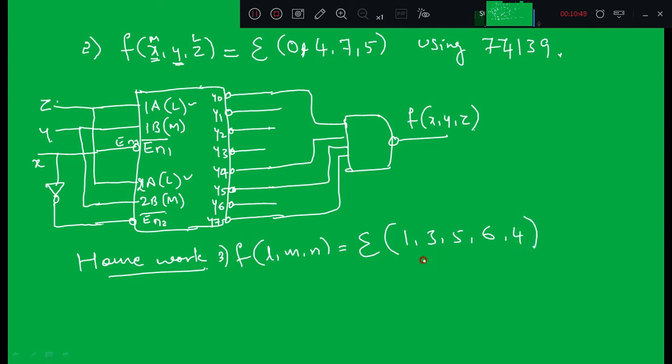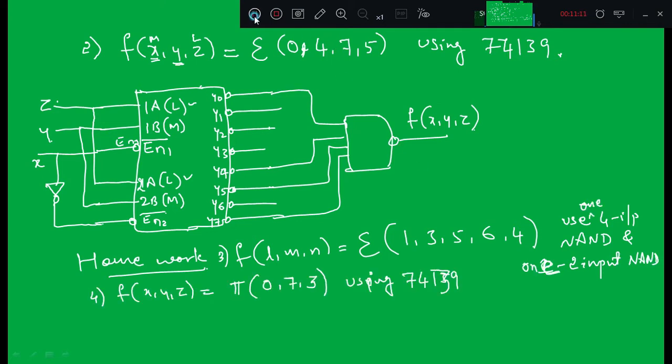Use a 4 input NAND and a 2 input NAND. So you can take these 2 examples as homework.